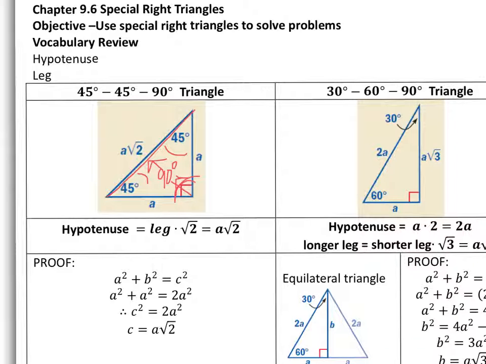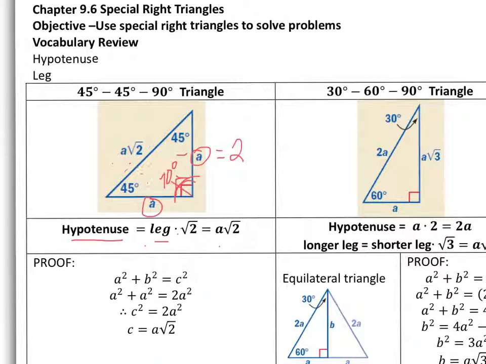We can say that for this special right triangle, the hypotenuse is equal to the leg, either one of these legs, multiplied by the square root of 2. Or in other words, it equals a square root of 2. So if I give you a length of a equals 2, you can simply say that this side is 2 square root of 2.